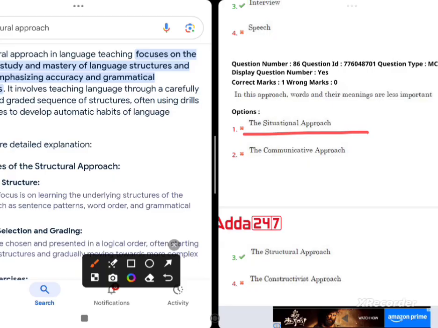It involves teaching language through a carefully selected and graded sequence of structures, often using drill and exercise to develop automatic habits of language use. This is structural approach.